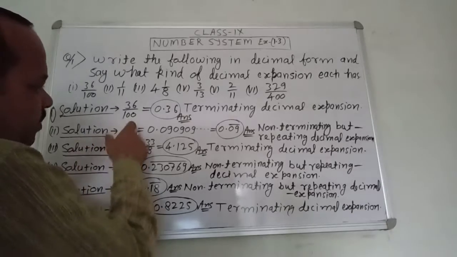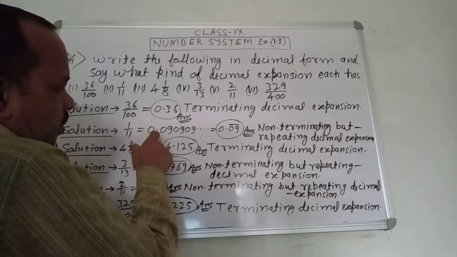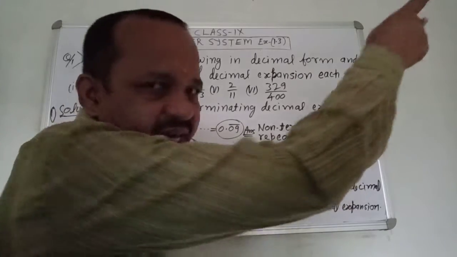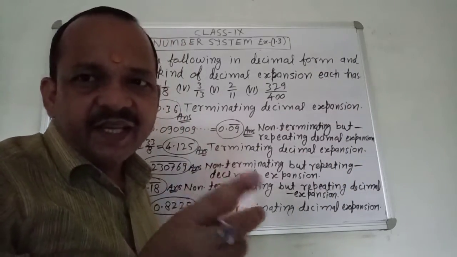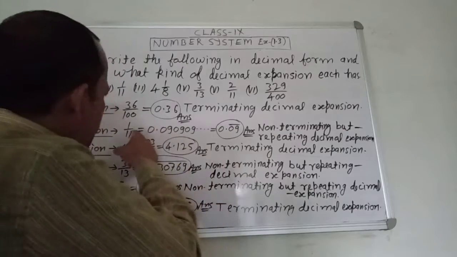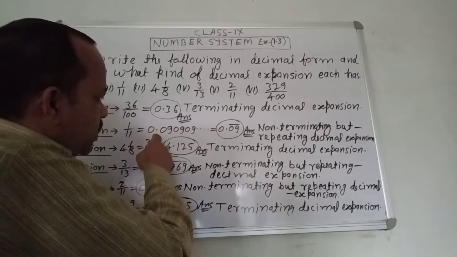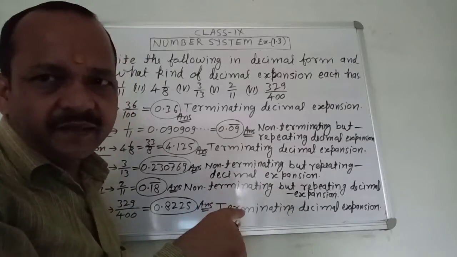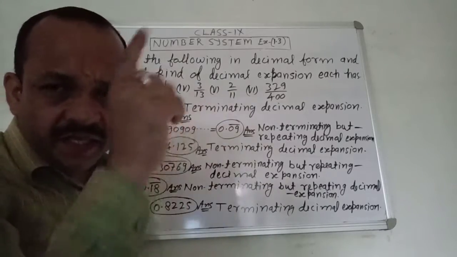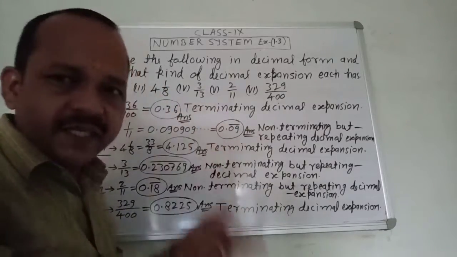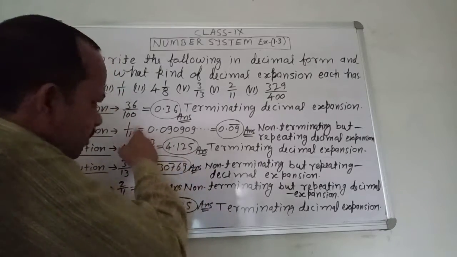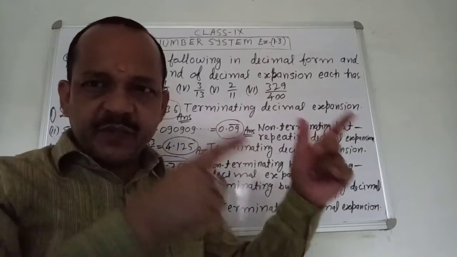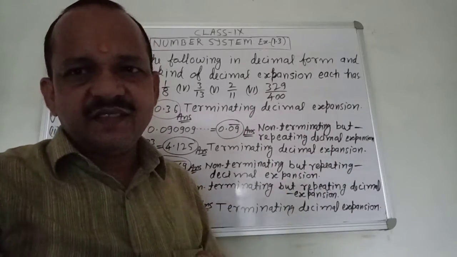Second solution, 1 by 11 equals 0.090909 till infinite. It means here 1 by 11 equals 0.09 repeated. 0.09 is repeated, so we can say 1 by 11 is a non-terminating but repeating decimal expansion. Clear?